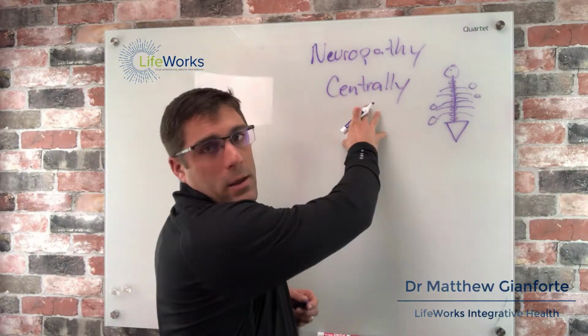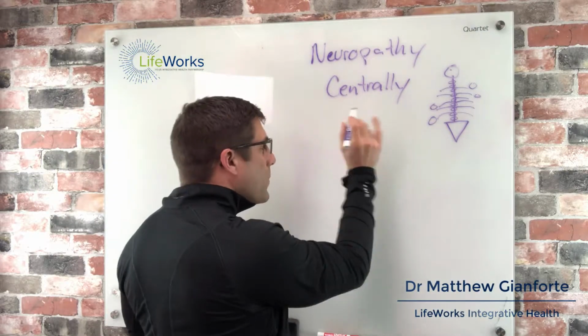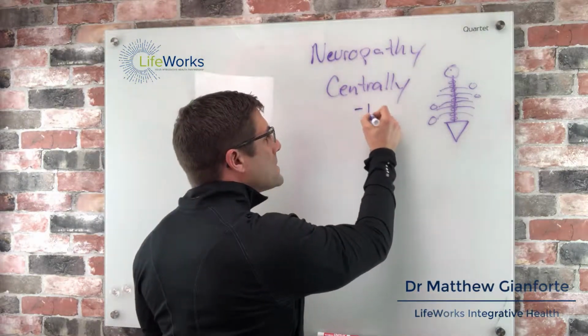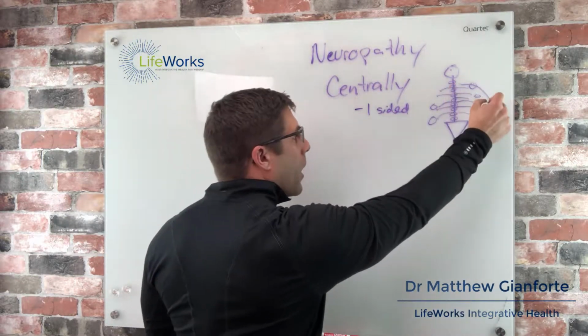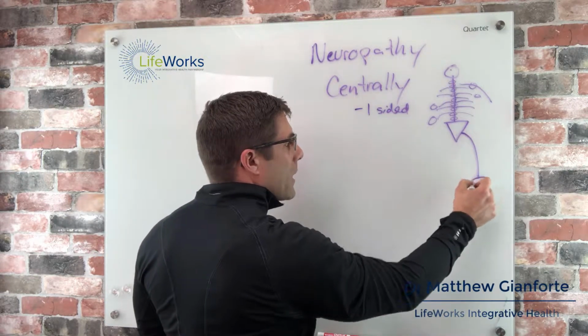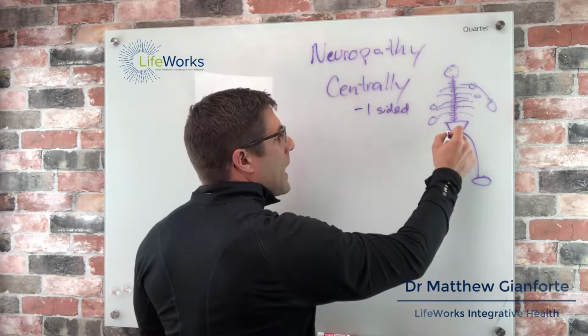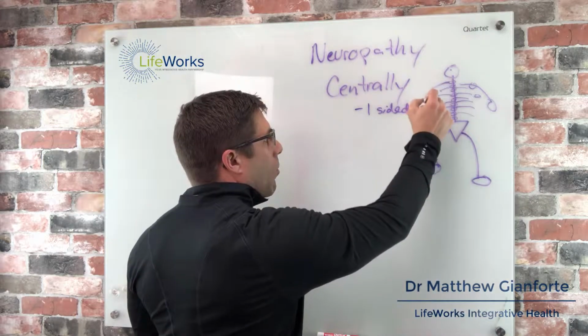Centrally mediated neuropathies are going to typically be down one side, okay? They're going to be one-sided, down one arm or one leg, not down both arms or both legs.